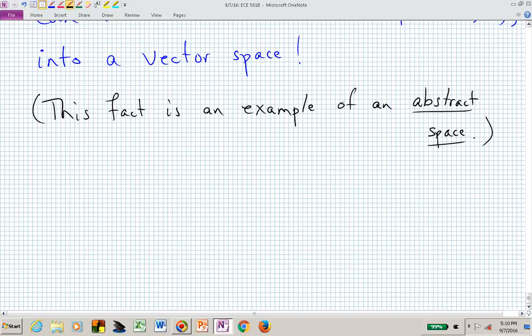Meaning if you really wanted to start getting out there in terms of a thought experiment, this one's a little bit more abstract. What do we need for a vector space? What properties need to hold? So now for a vector space, we need to have basically three things, right?